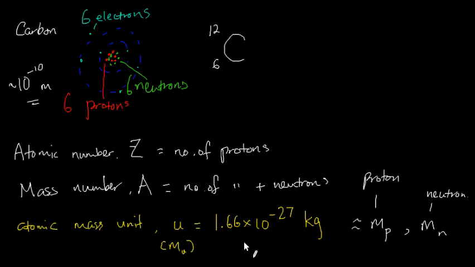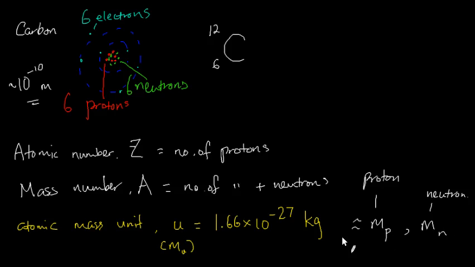Before that, let me quickly say where this number comes from. It seems like a number that just appears for no reason. 1.66. Why 1.66 and why 10 to the minus 27? And why is it actually not exactly equal to either the proton or the neutron's mass? Okay.